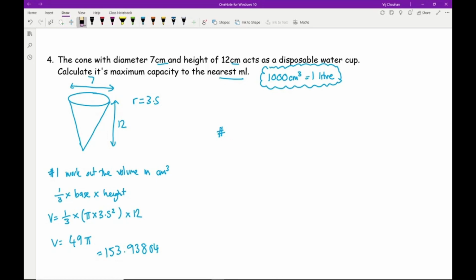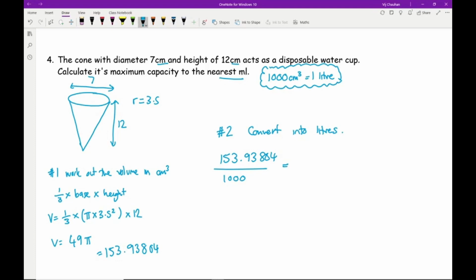So the next thing I then need to do is step 2, not step 3, getting ahead of myself there, is now convert into litres. So because 1000 centimetre cubed is 1 litre, I'm going to do 153.93804 divided by 1000.